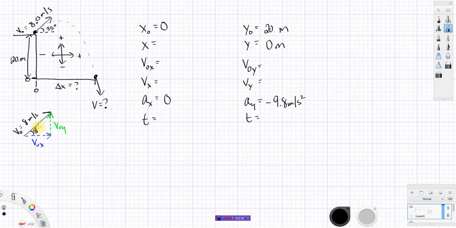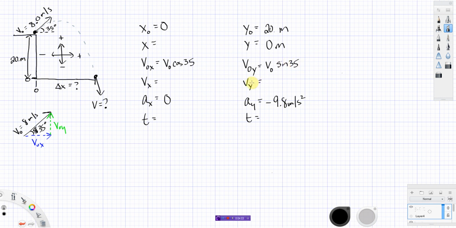Okay, so that means that v naught x is going to be v naught cosine 35, since it's adjacent to the angle of 35, and v naught y is opposite the 35 degrees, so v naught sine 35.